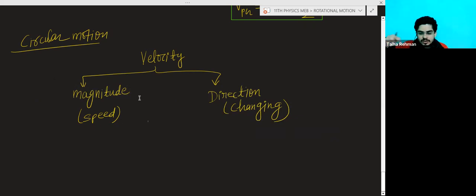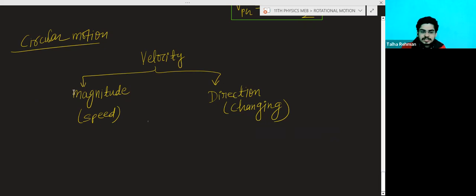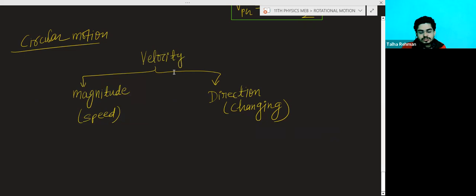For example, on a circular path, if a particle is moving first with 5 meter per second, then 10 meter per second, 15 meter per second, means the speed is increasing. Due to that increase in speed, there is also change in velocity, and due to that change in velocity, there will be some tangential acceleration.